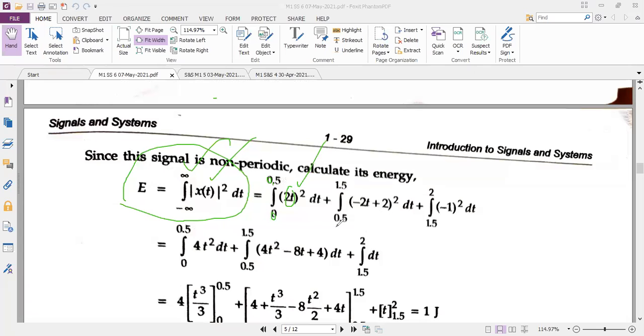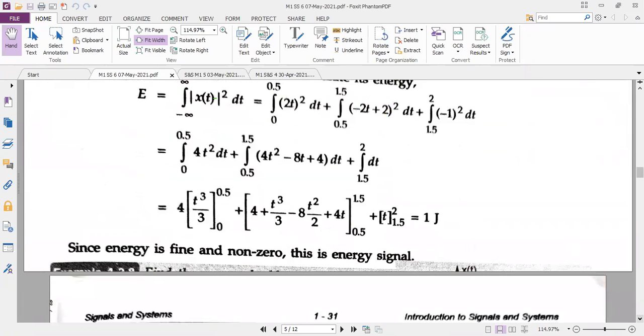Similarly, the second equation is from 0.5 to 1.5, minus 2t plus 2, the whole square dt. This square is because of the formula. Now the third term is from 1.5 to 2. I know it is minus 1, so the whole square into dt. I want you to solve it by yourself. You know how to expand the terms, apply the integration and apply the limits. Your answer is 1 joule.